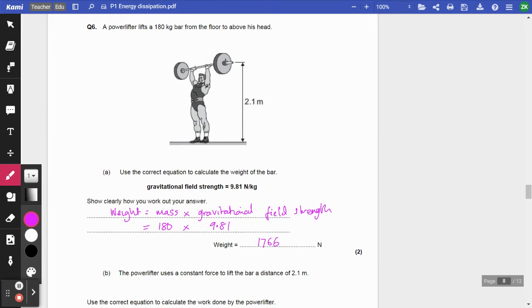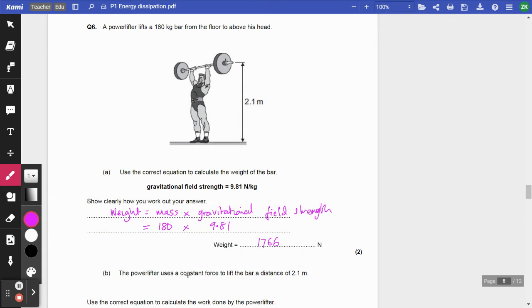Question 6. Show clearly how you work out your answer. We're finding out a power lifter lifts 180 kilograms from the floor to above his head by 2.1 meters. We know the gravitational field strength is 9.81, and we use the correct equation to calculate the weight of the bar.